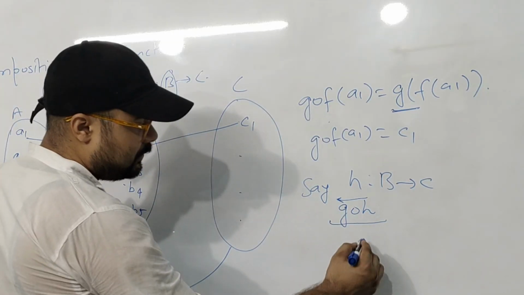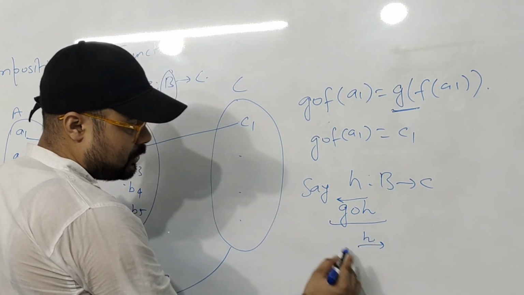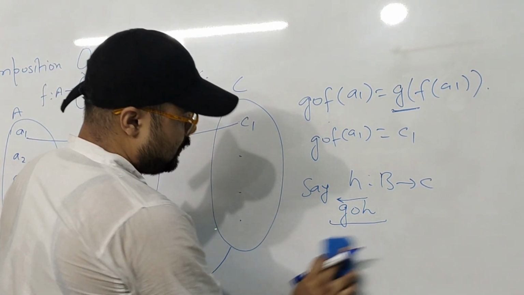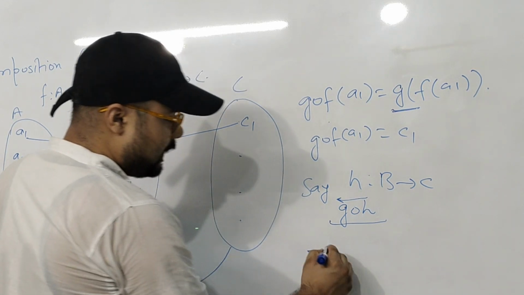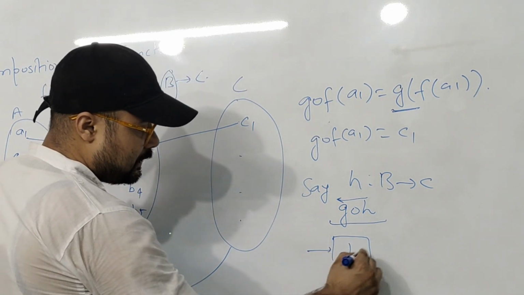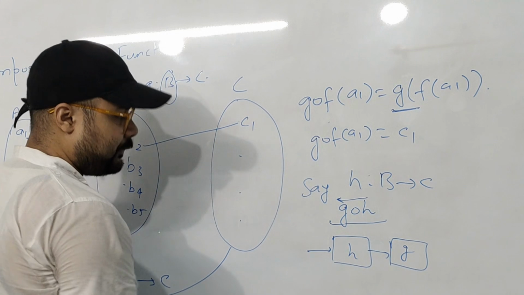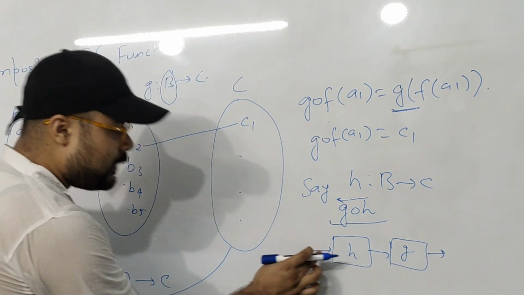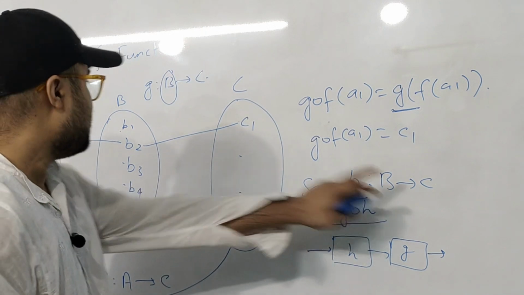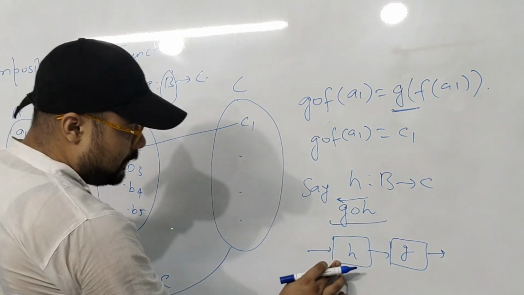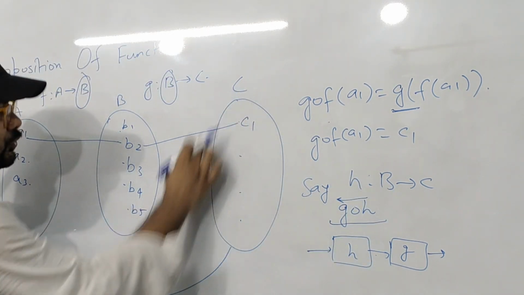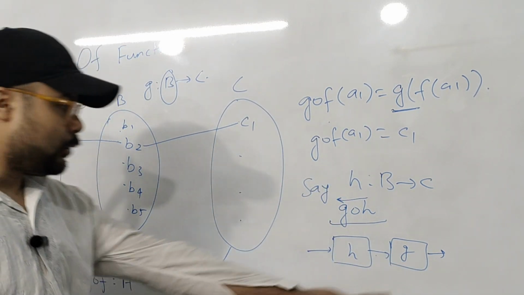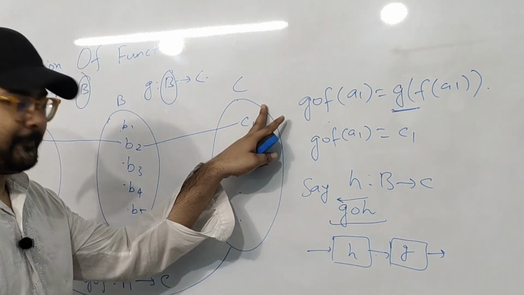If you want to go in this manner, first we have to apply H to any input and then G to the output of H. But the input to H should come from B, and the output of H comes from C. G is not getting its input. The domain of G is not C.